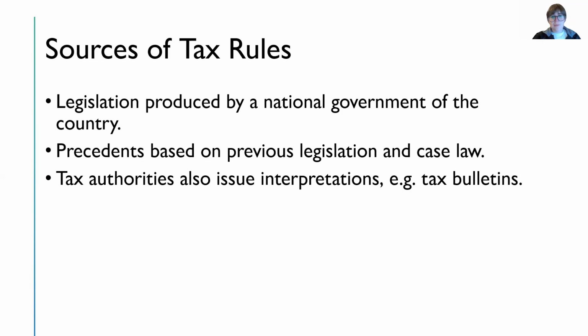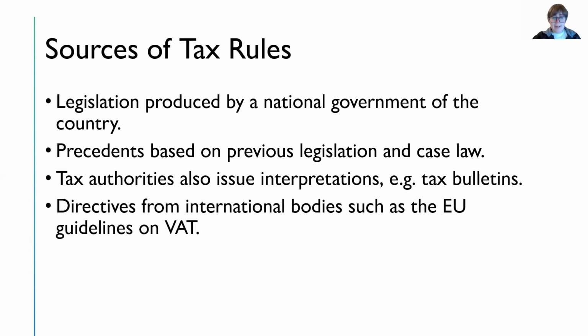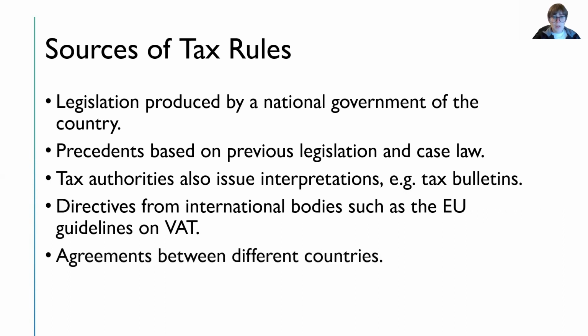Whether or not companies and individuals choose to read them or use them is entirely up to them. It may be that directives are taken from international bodies, such as the EU guidelines on VAT. And there will be agreements between different countries upon how to best deal with this.